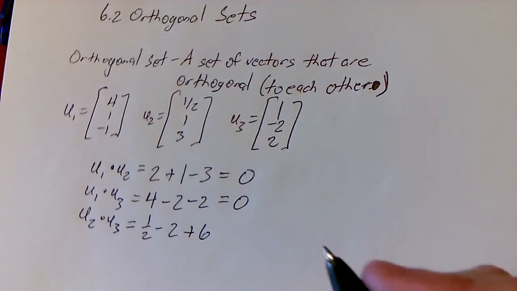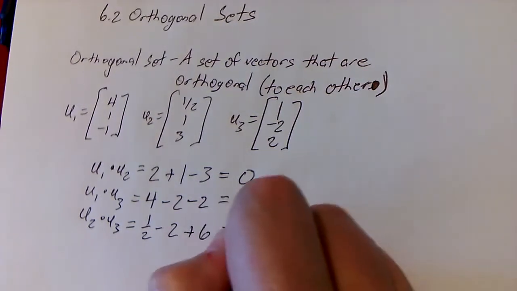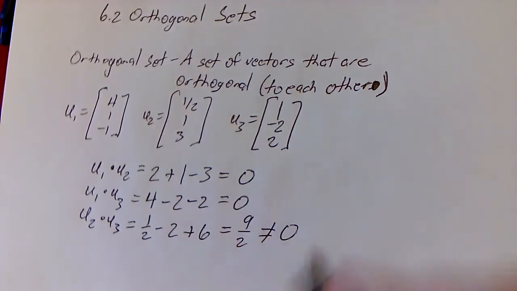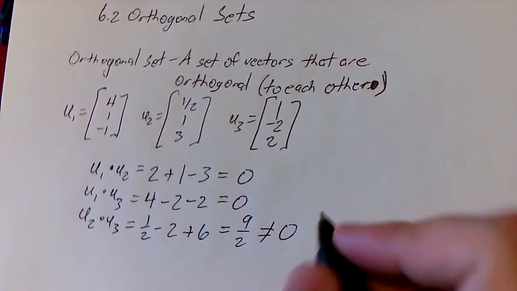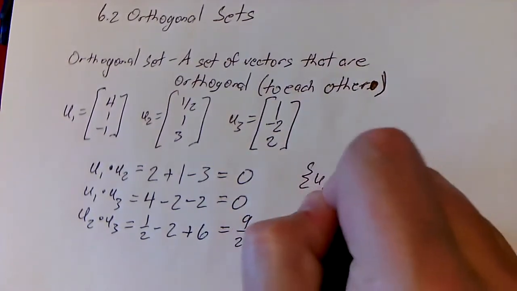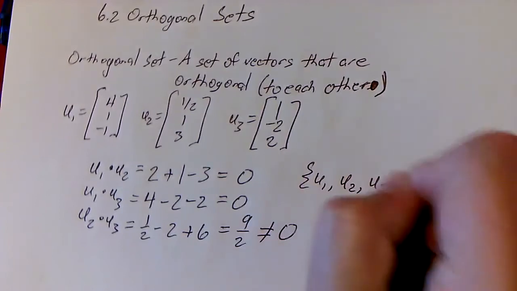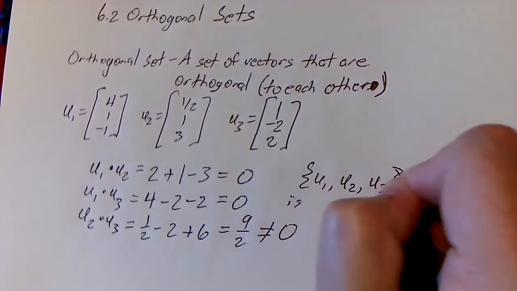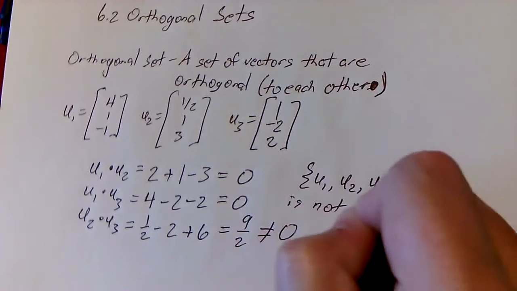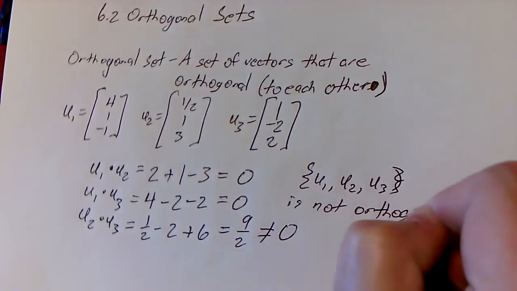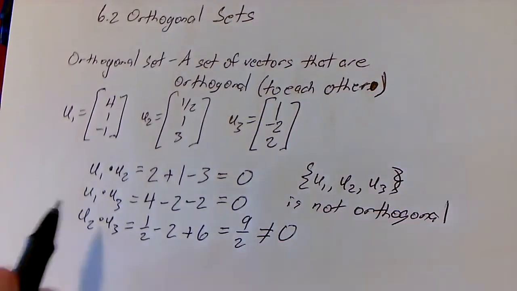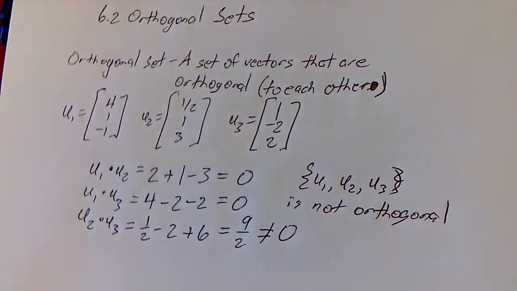So that is 4.5, that is 9/2. That is a problem, right? That is decidedly not 0. So my set U1, U2, U3 is not orthogonal.